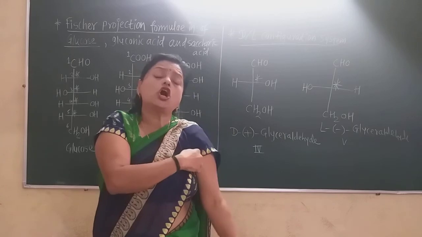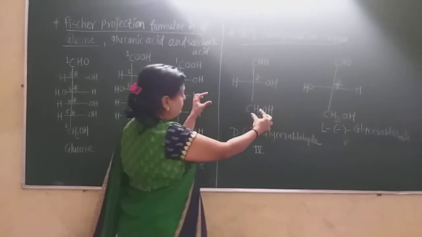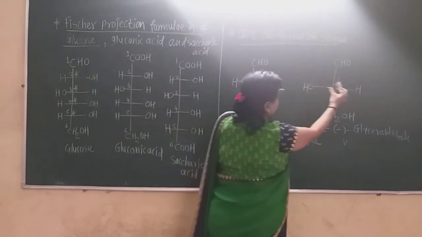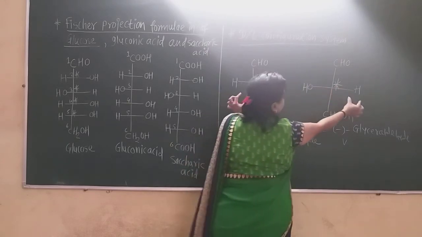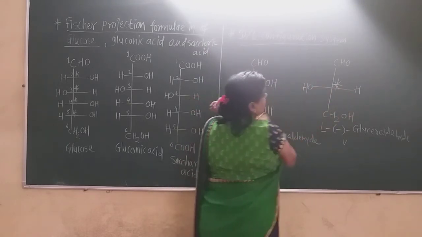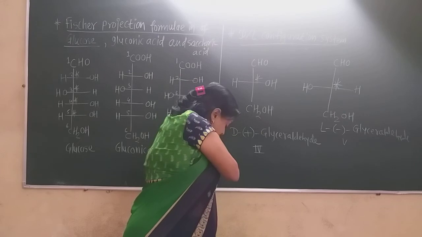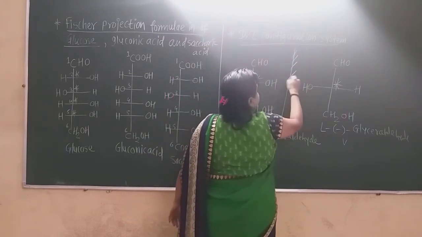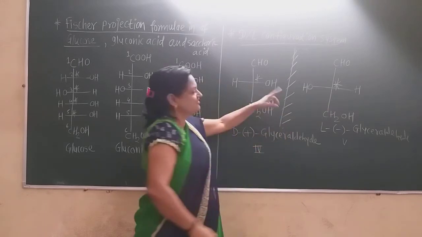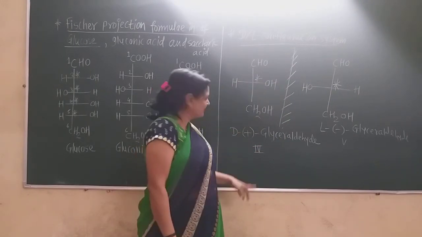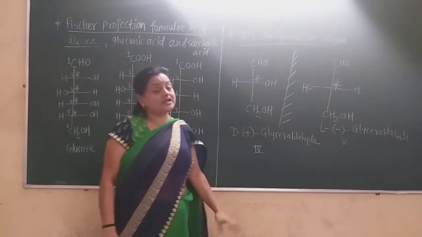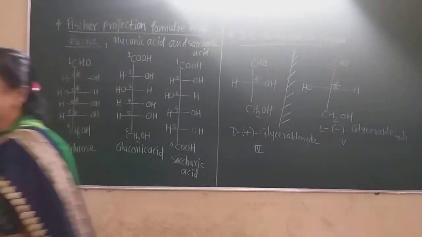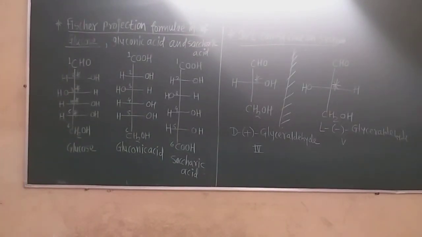Likewise, if we put this compound on this compound, then this OH comes on hydrogen and H comes on the OH hydroxyl group. That means if we put a mirror between them, they are mirror images of each other. So they are called enantiomers or optical isomers. These are the optical isomers of glyceraldehyde.